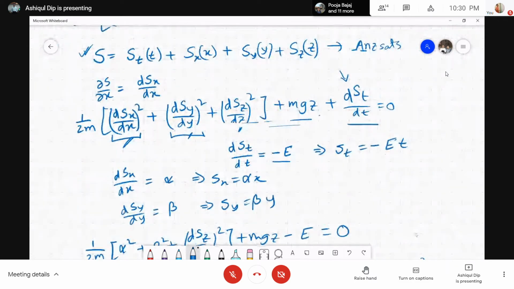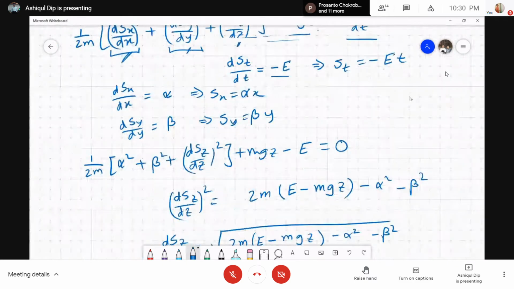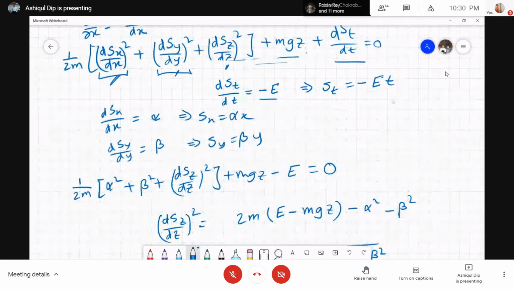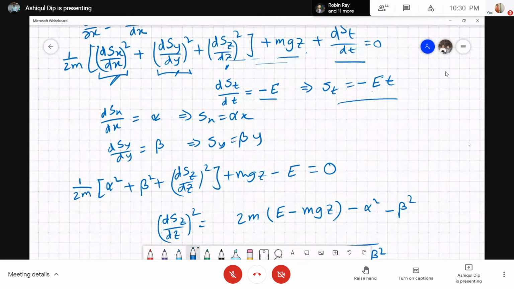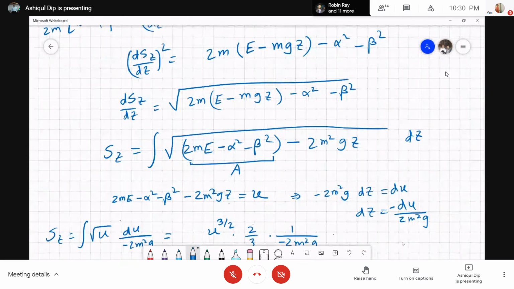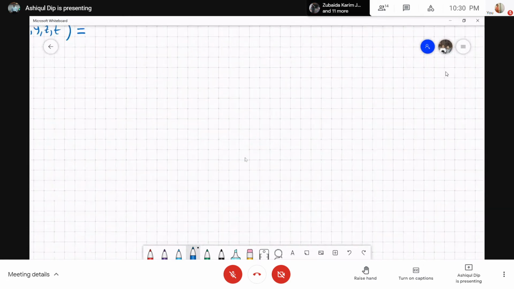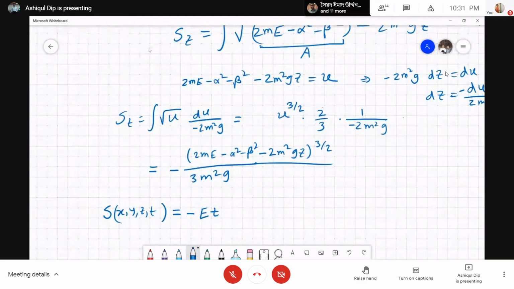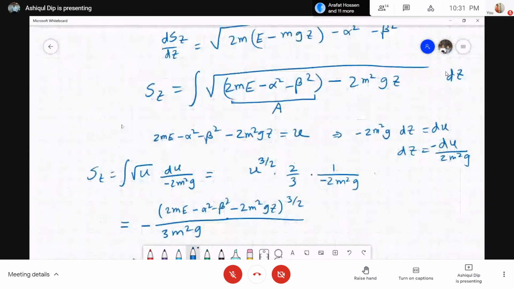The ansatz was Sx plus St of t. What is St of t? Negative Et. Let's write it down. Okay, negative Et. Yes, this is your St of t. Then plus alpha x.